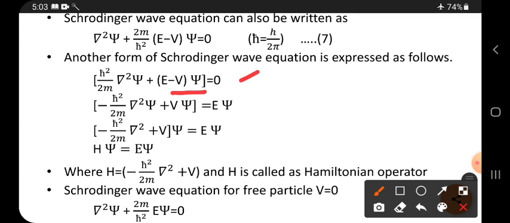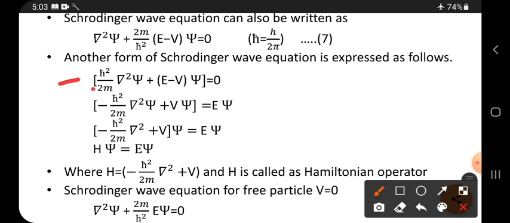Now what you have to do? Multiply psi inside. After multiplying psi inside, what do you get? E psi minus v psi. Before that, first multiply this equation with a negative, minus.